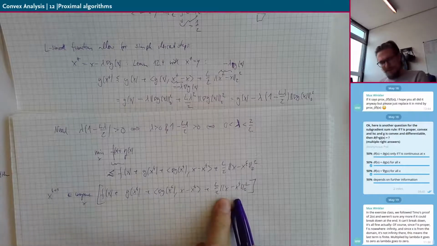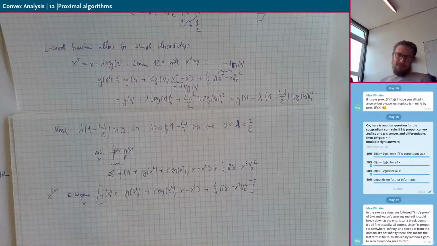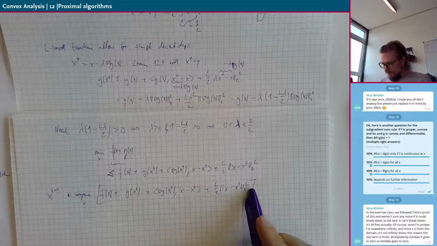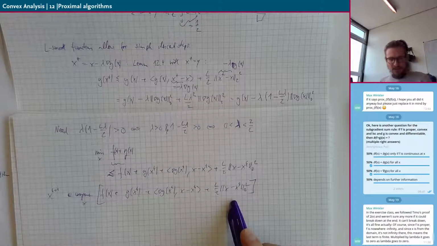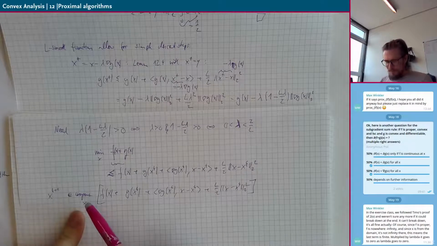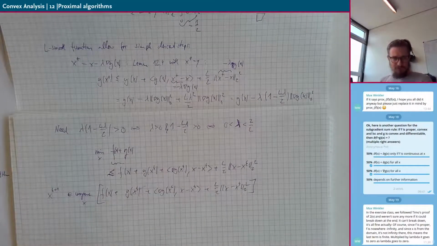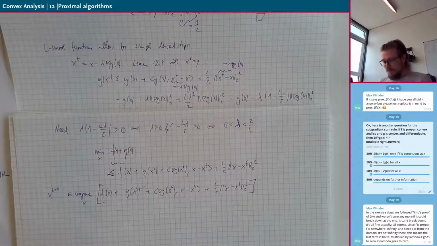This is the best thing you can do to majorize g of x if you want to do it by a quadratic function where the quadratic term goes like this. Okay, good. So then we are only interested in the minimizer, which means this term does not actually play any role. It's just a constant shift because xk is fixed. Okay.